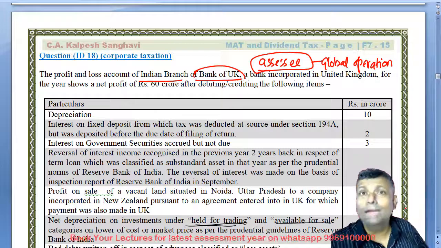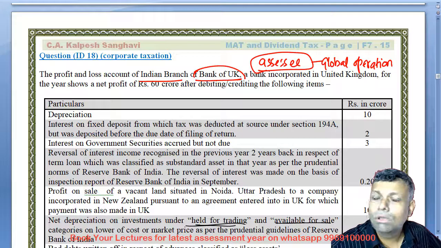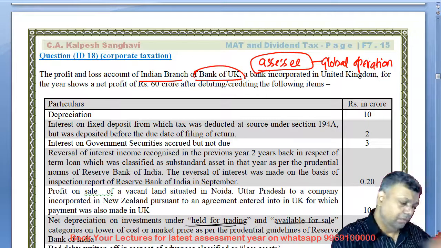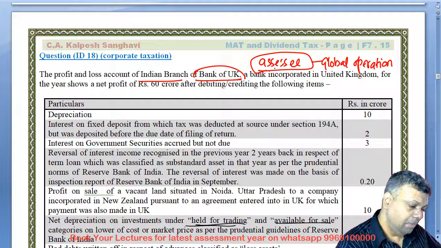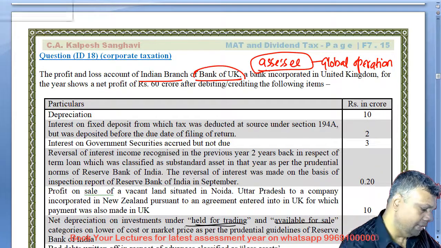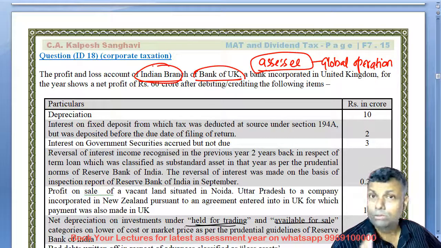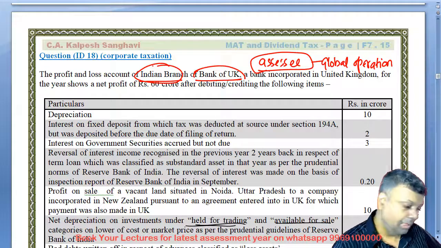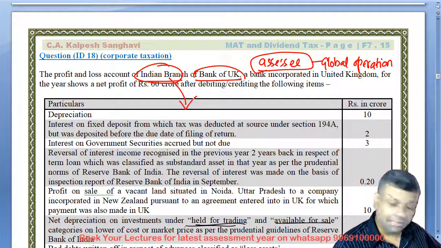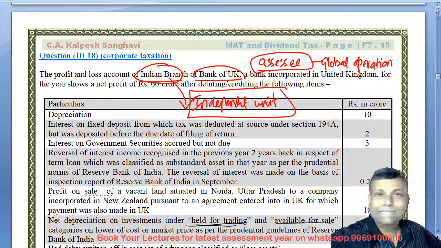So, these are the hardcore basic things, friends, of international taxation, and that should always be in your mind. So, the basic conceptual clarification: the assessee is a UK bank, but the Indian branch, particularly with respect to the banking sector, I'm telling you, will be regarded as an independent unit of taxation.